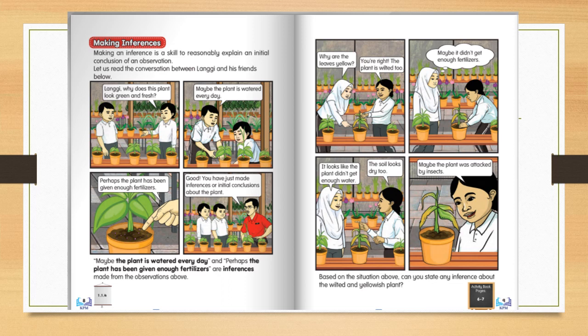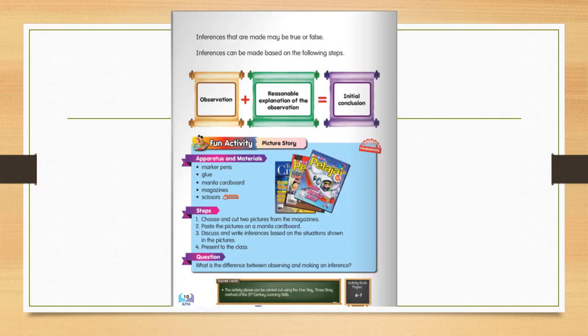The plant has been given enough fertilizers. So what happened? In the next situation on page 9, the plant is wilted and yellowish. So, what is your inference? Inferences that are made may be true or false.